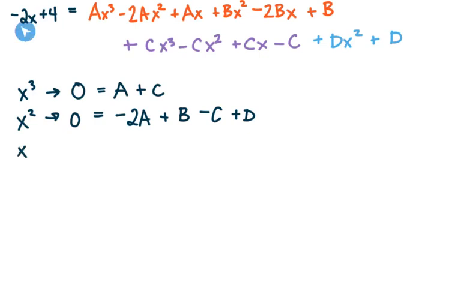For my linear, I have 2. So 2 equals, and I'm going to write my linear coefficients, positive A, negative 2B, and positive C. So I have A minus 2B plus C, and then my constant is 4.